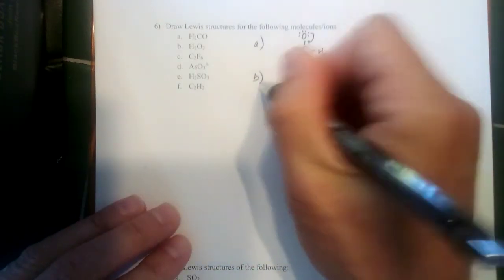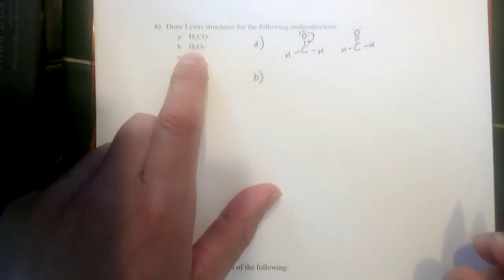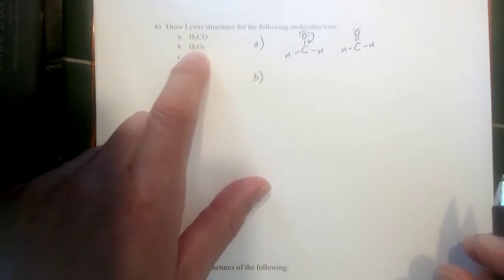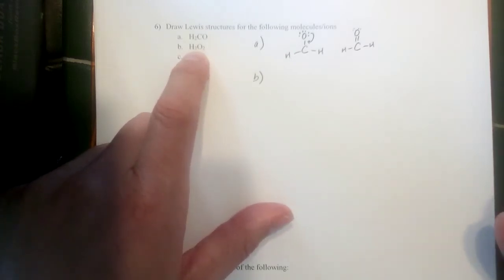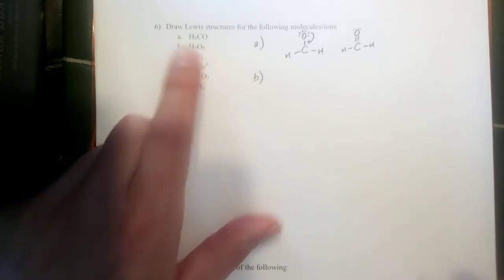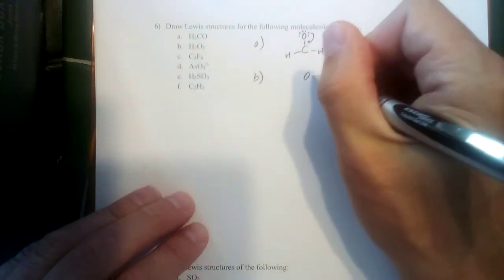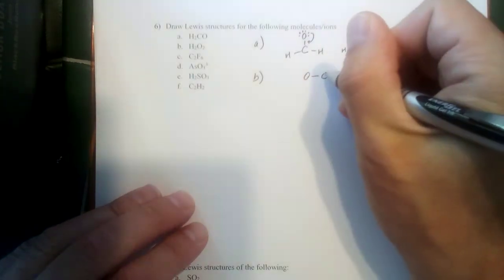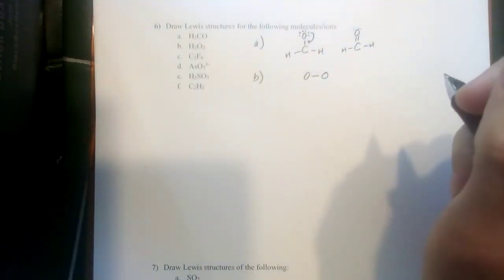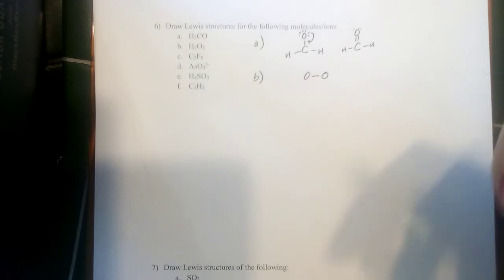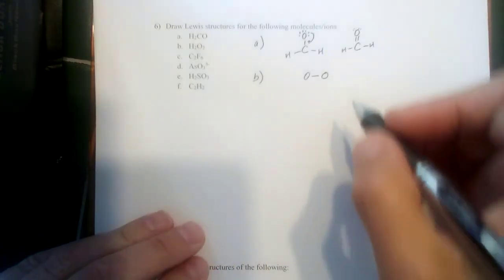Okay, moving on to B, H2O2. We should recognize here, hydrogen, like we said in the first example, can only make 1 bond, so we don't want to put any hydrogens in the middle. That means the oxygens would have to be connected to each other. If we're thinking about formal charges, we'd be looking for our oxygens to only have 2 bonds in our final molecule.